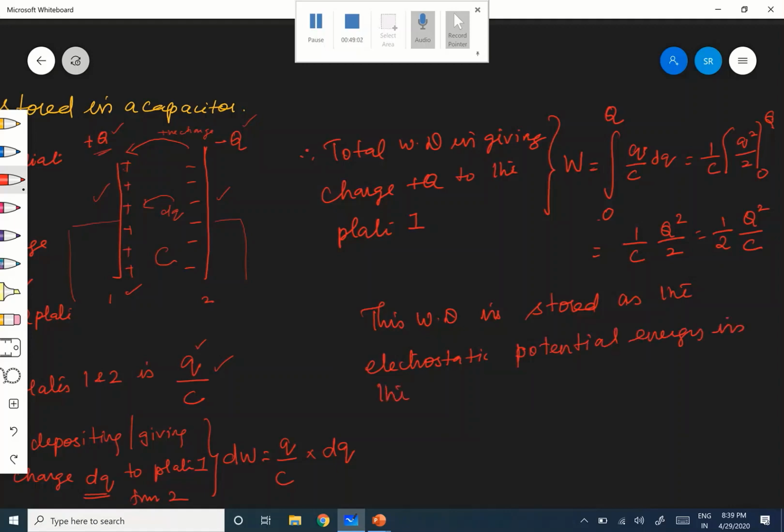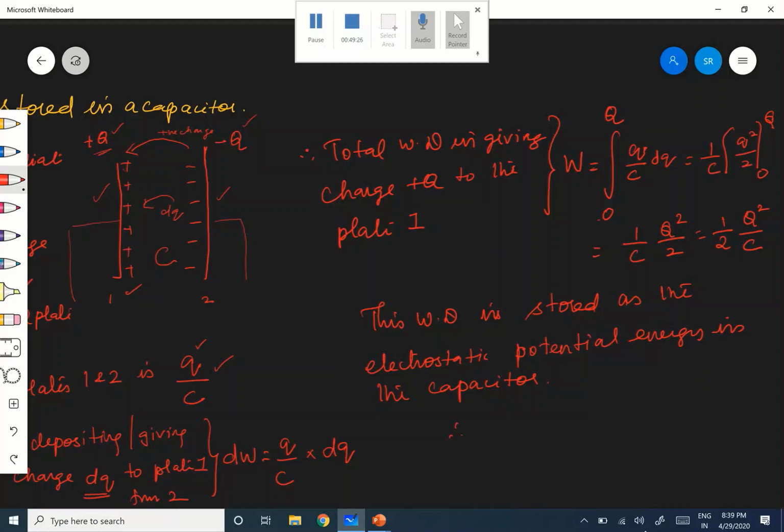Capacitor 1 and 2 together. Are you following? Capacitor has 2 plates, 1 and 2. Therefore, what is the work done in taking the charge from 2 to 1? That is stored as the electrostatic potential energy in the capacitor.